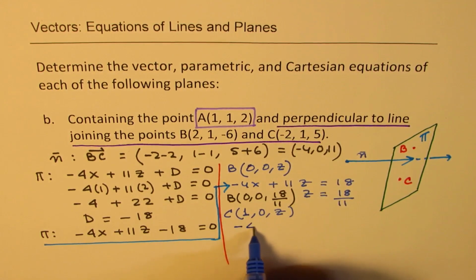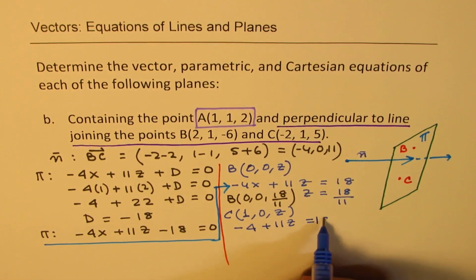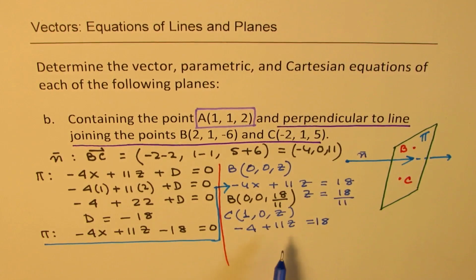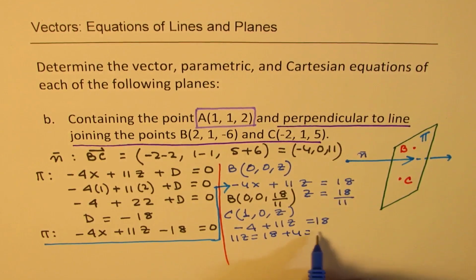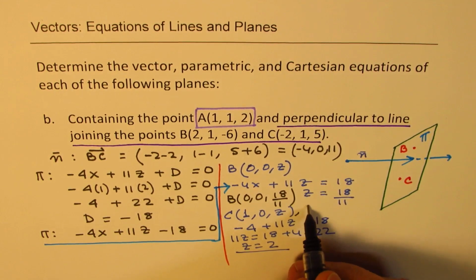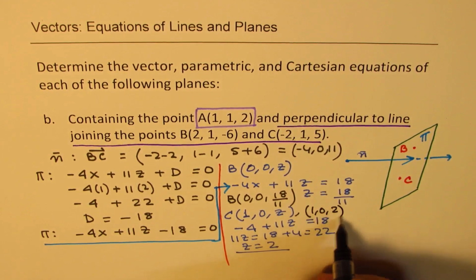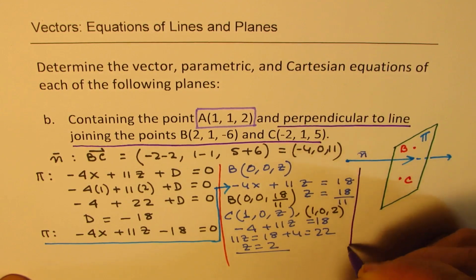I get minus 4 plus 11z equals 18. So that gives the value of z, taking 4 to that side: 11z equals 18 plus 4, which is 22. So z is equal to 2. So the second point for us is 1, 0, 2. So we got these 2 points.